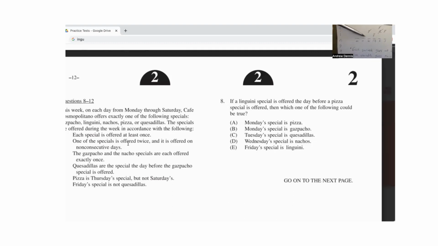It can potentially go Monday, Tuesday, Tuesday, Wednesday, or Friday, Saturday. But look at Friday, Saturday. It can't be a Q. That's one of the rules. Q does not go Friday. So the QG box cannot go there. So the QG box can only go Monday, Tuesday, or Tuesday, Wednesday.